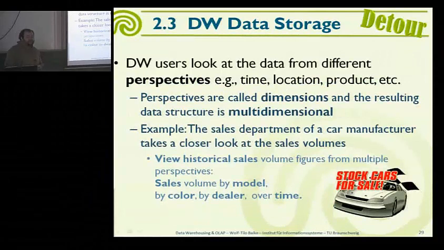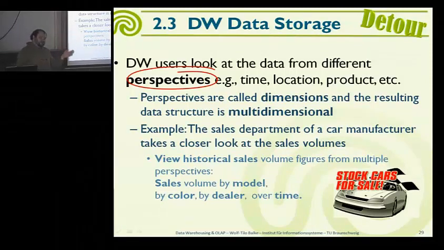Good. And if you take the users of a data warehouse, they're usually departments of human resources, enterprise resource planning, marketing or something like that. So departments or specialized tasks that need to access the data in a specific way. So they usually have a certain perspective on data.